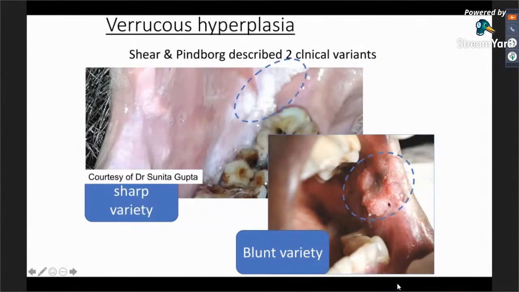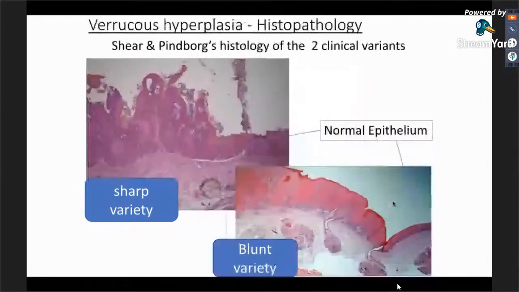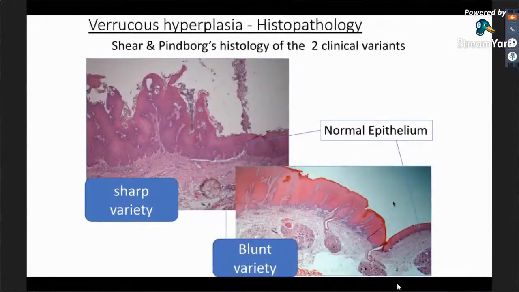However, this blunt variety will not fit to call it verrucous leukoplakia. Therefore, that's the reason why we came up with a new clinical terminology. And this is just to show that histologically, they are all above the surface. And this just goes with the clinical of sharp and here blunted.